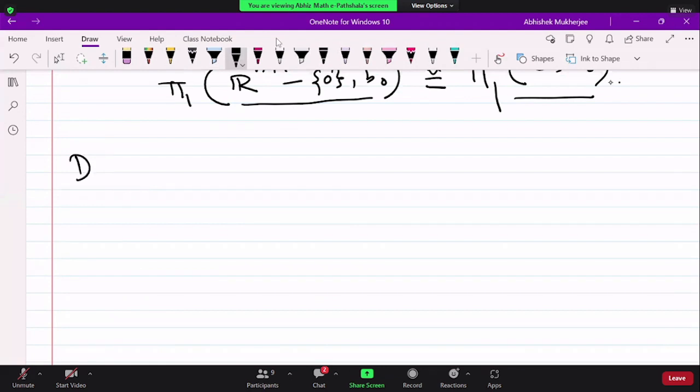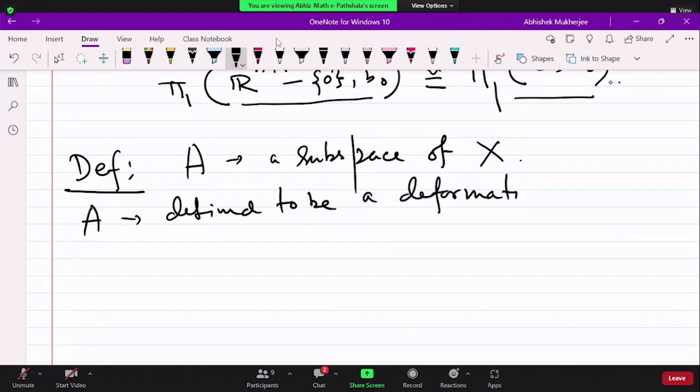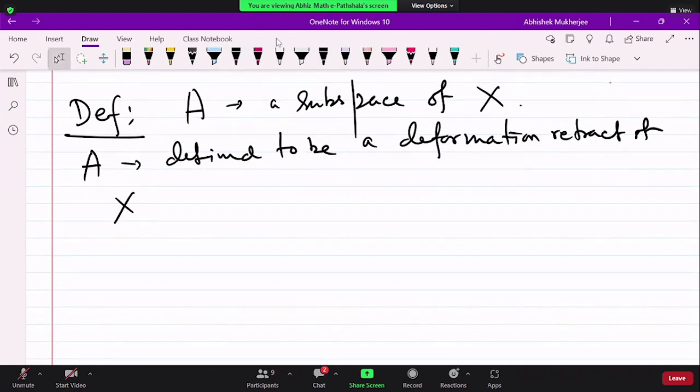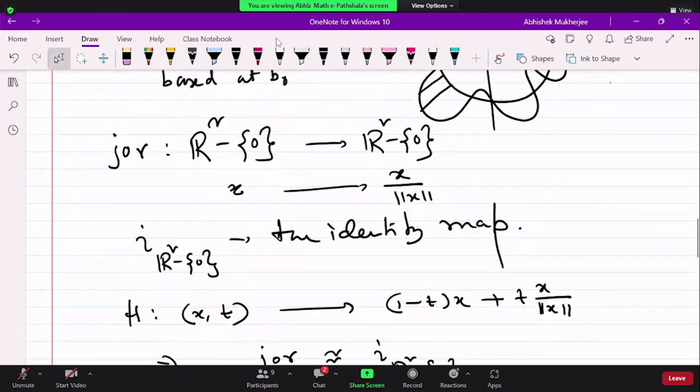Suppose you are considering a subspace A of X. Then it is defined to be a deformation retract of X if you look at this case, so you have two maps, right?